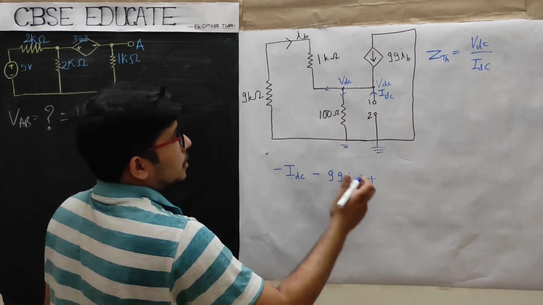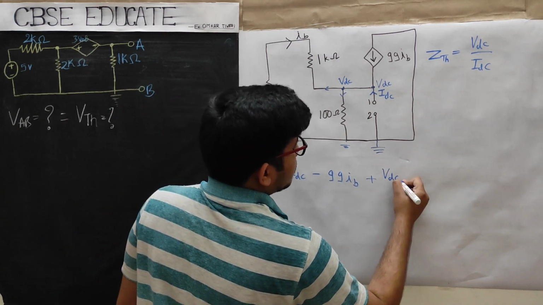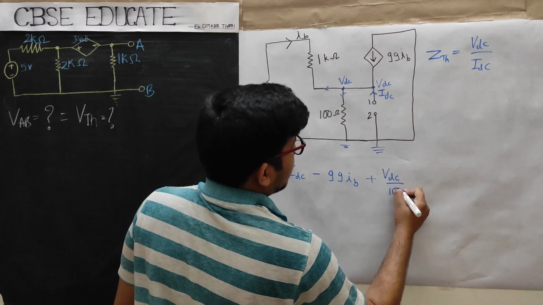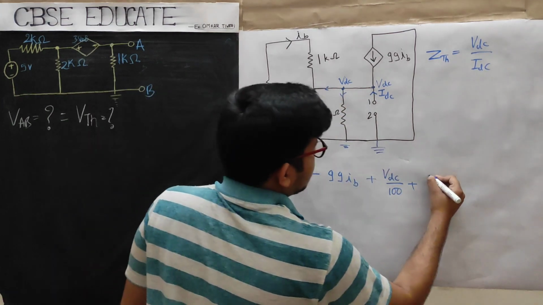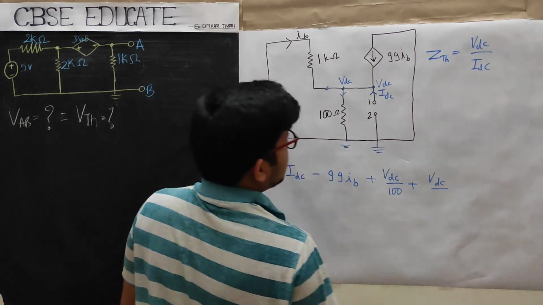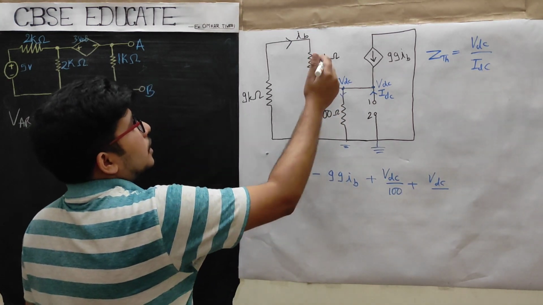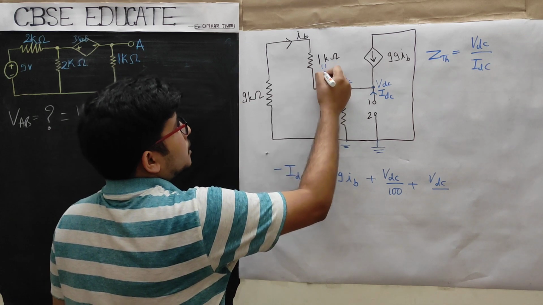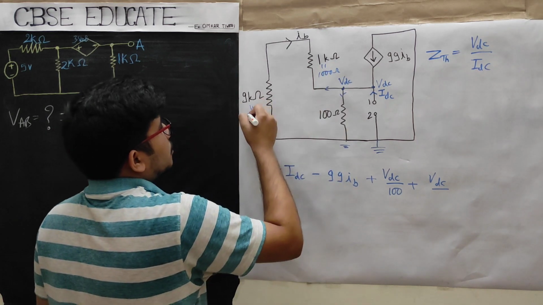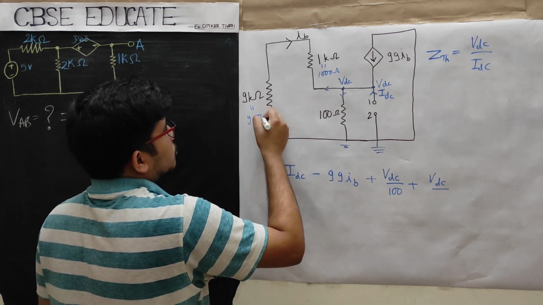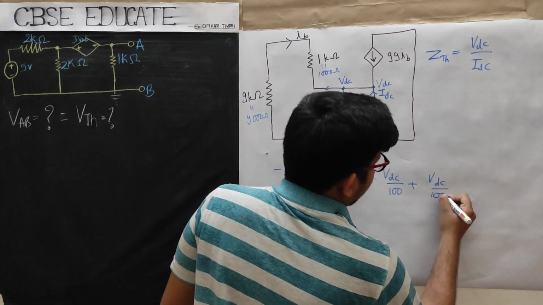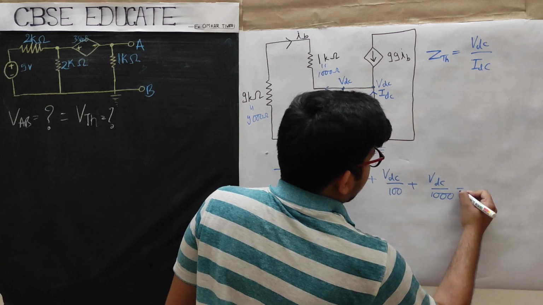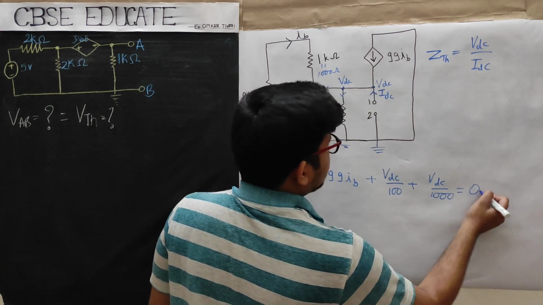This will be VDC by 100 plus VDC by, you can convert this to ohms, 1000 ohm and 9000 ohm, so this will be 10,000 ohm, VDC by 10,000 ohm, is equal to 0.